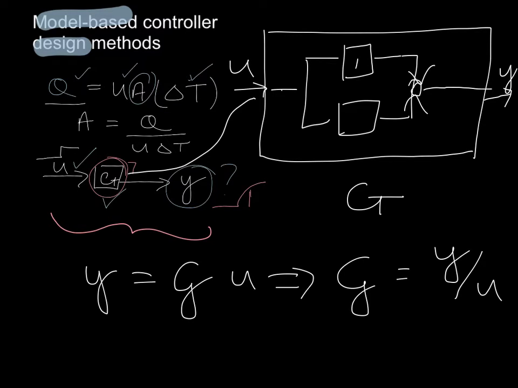And so I could have an A and a B over here, and perhaps this part is within my control, and I want to know what A is. Now, this is actually the basis of direct synthesis model-based controller design.